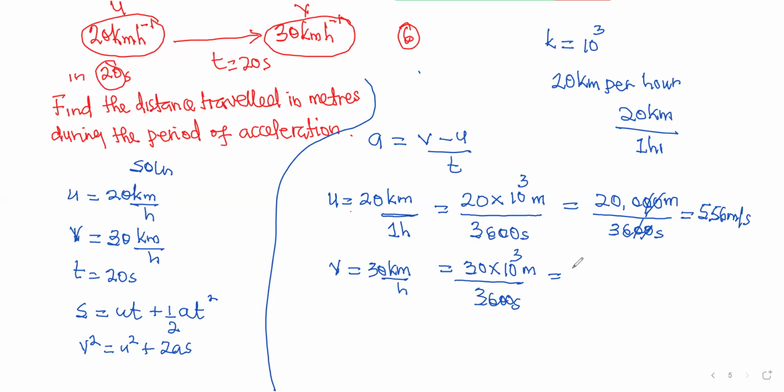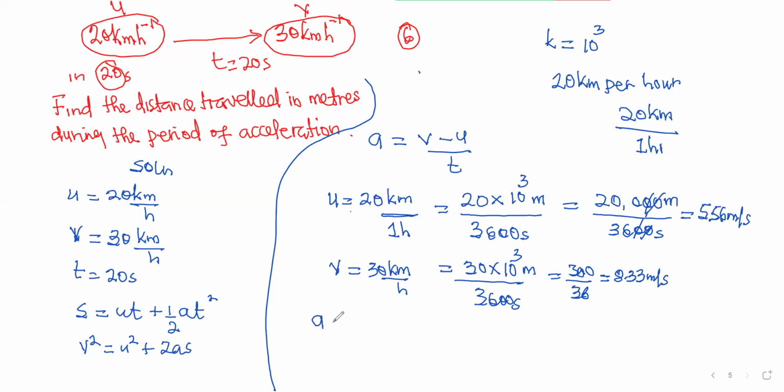So that would also reduce to 300 divided by 36. Aram, what is 300 divided by 36 in 2dp? Sir, 8.33 meter per second. And by doing this, we have converted everything into SI unit.